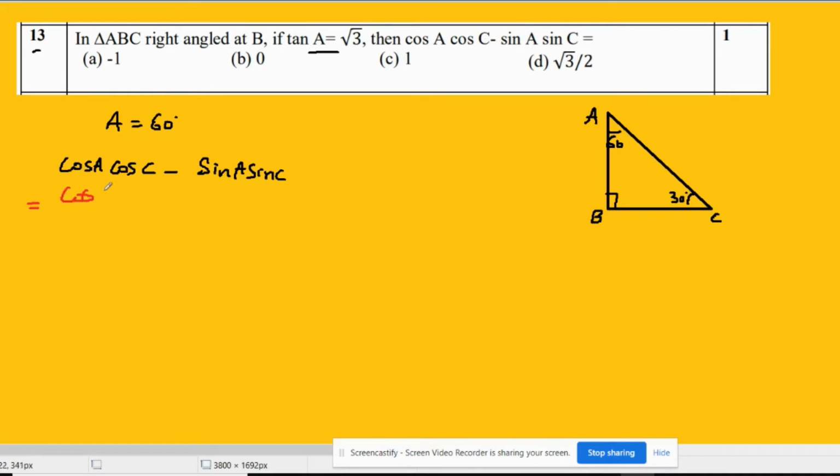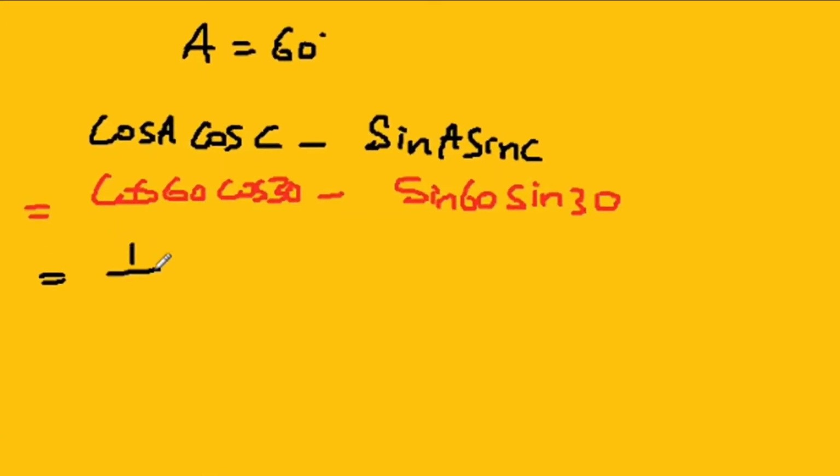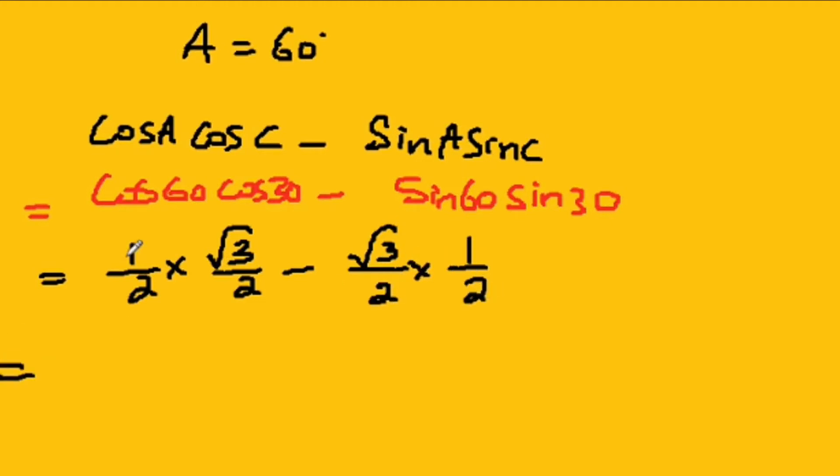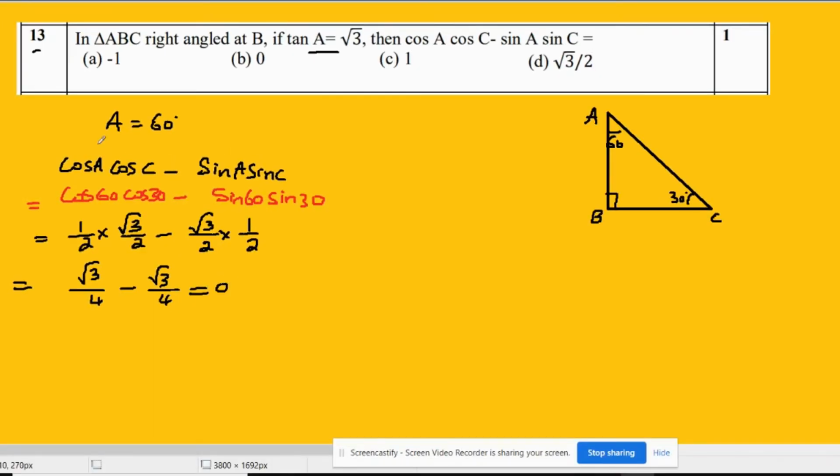So cos 60 into cos 30 minus sin 60 into sin 30. We know the value of cos 60 is 1 by 2, and cos 30 is root 3 by 2, minus sin 60 is root 3 by 2 and sin 30 is 1 by 2. So the value will become root 3 by 4 minus root 3 by 4, which is nothing but 0. Correct option for the 13th question is 0.